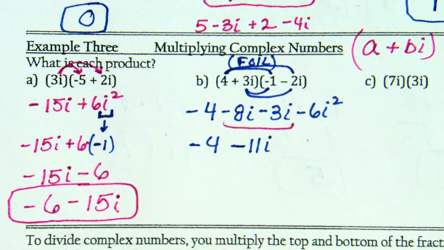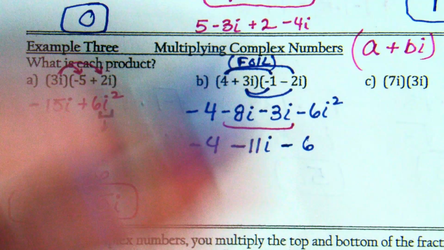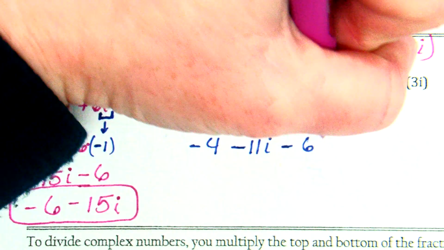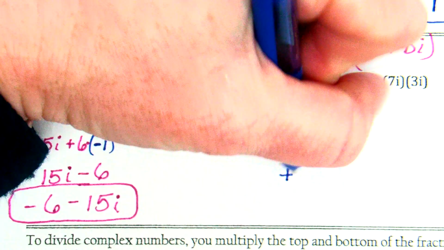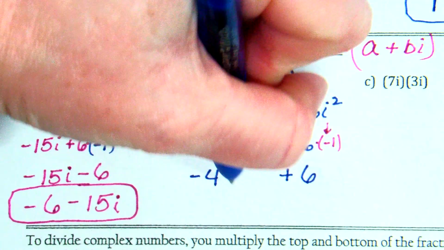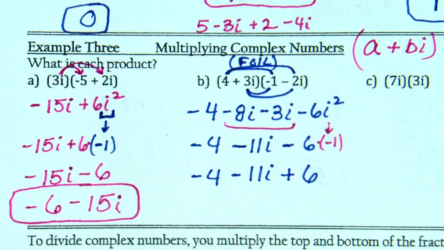Yeah. I squared. We don't leave an i squared here. And so this i squared, I'm going to automatically change it to a negative 1. And negative 6 times negative 1 is going to make it a plus 6. So I really have negative 4 minus 11i plus 6.